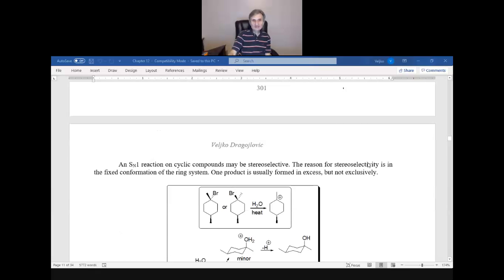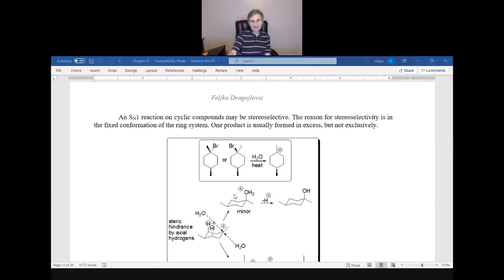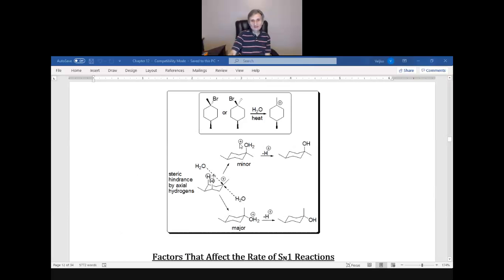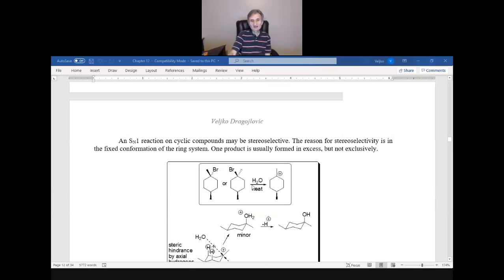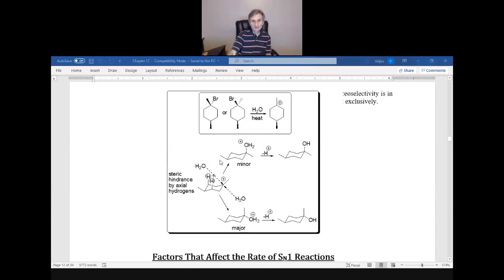Now, for cyclic systems, you don't need to know that, but in cyclic systems, when the reaction proceeds through the SN1 mechanism, we always get one enantiomer or one stereoisomer predominantly. That's because approach from the two sides to the intermediate carbocation is not equally easy. The two pathways are not the same. So one is favored over the other, but that's only in cyclic systems.